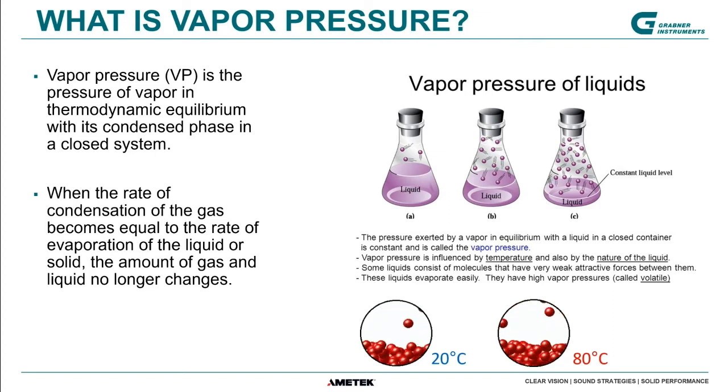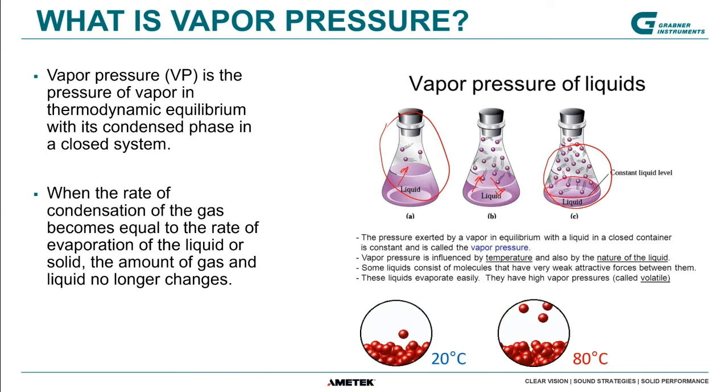Vapor pressure actually starts in an enclosed system with the vapors over a liquid. So basically the liquid evaporates and the molecules of the liquid are getting out into the gas phase. Of course, molecules are also getting back into the liquid phase, but at a certain point there is an equilibrium.